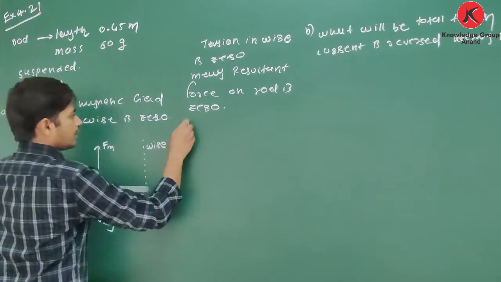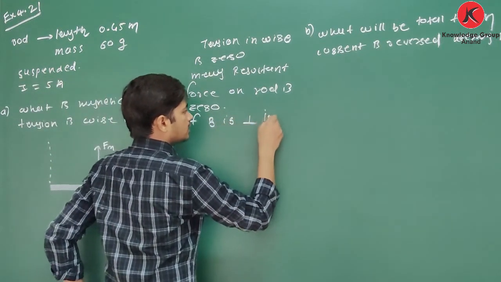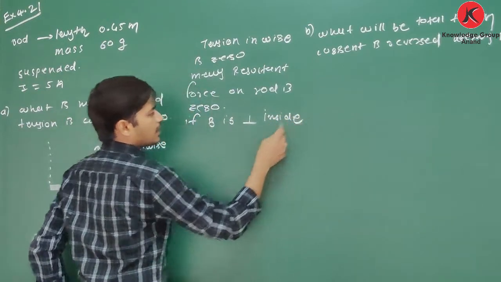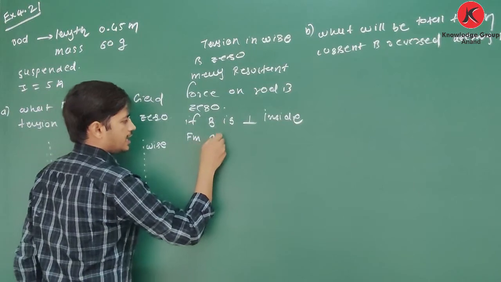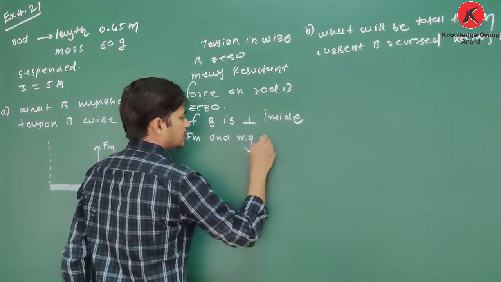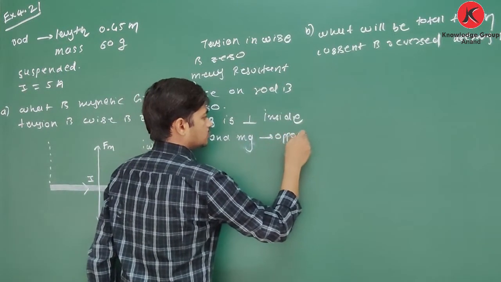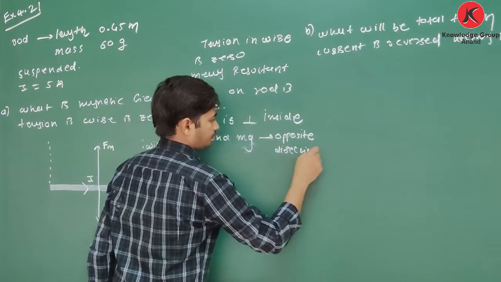So if B is perpendicular inside, then Fm and mg become opposite in direction.